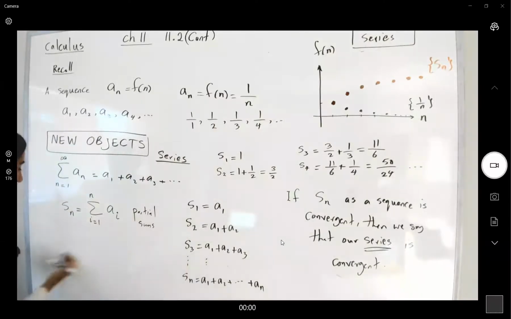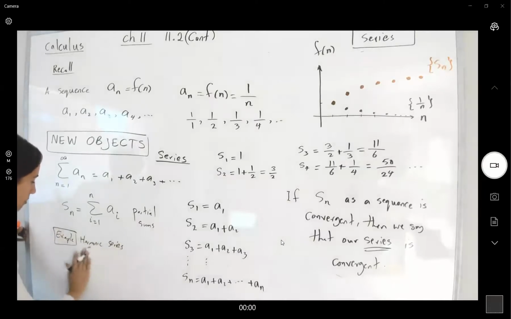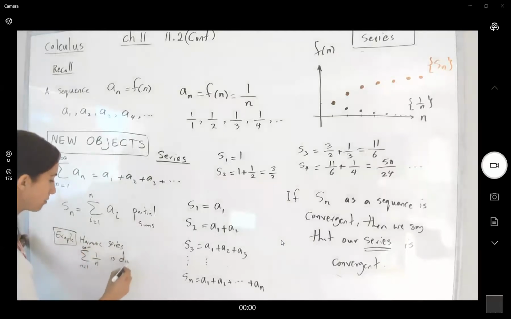Harmonic series is that example. Harmonic series, the sum of 1 over n, n starts from 1, goes to infinity, is divergent.